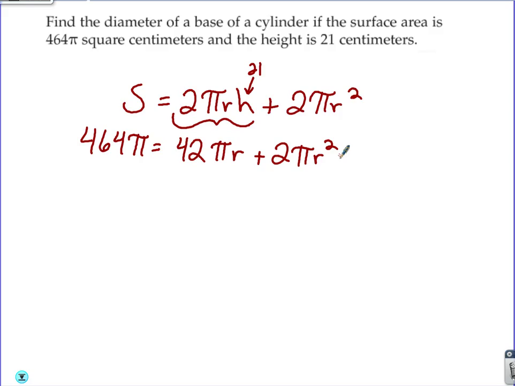Let me show you a trick. I'm getting into a lot of algebra here, but it's good to review algebra and geometry. How many terms are there? 3. 464 pi, 42 pi r, 2 pi r squared. Is there anything common to all 3 of those terms? They all have a pi.